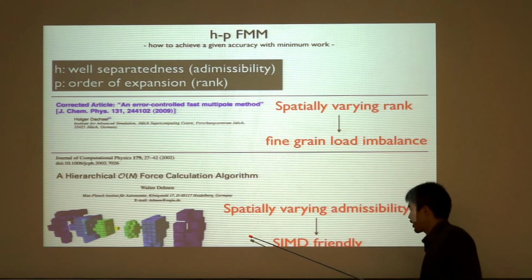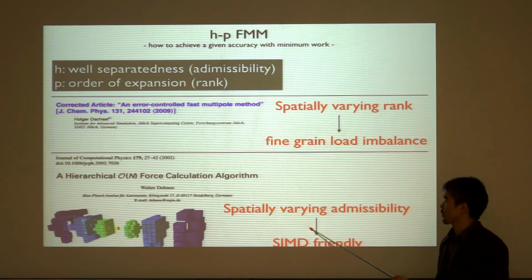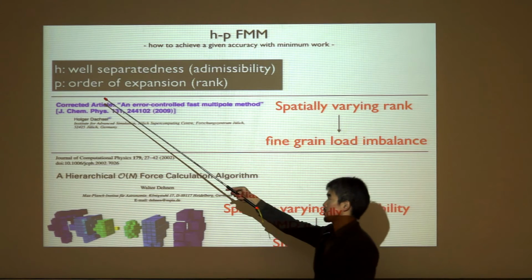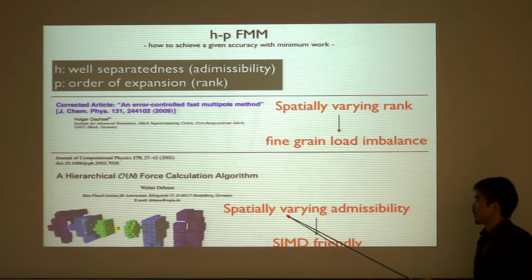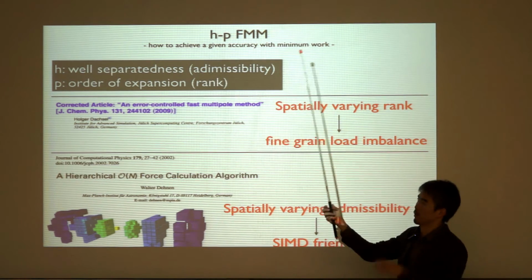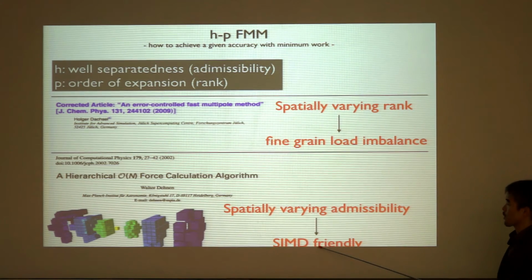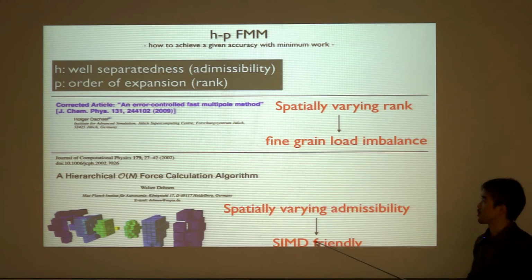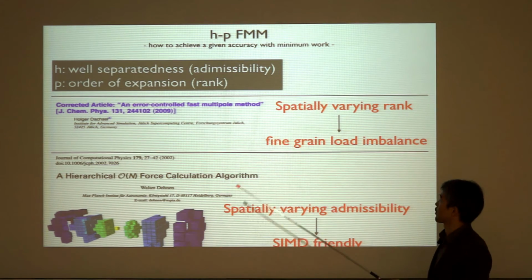So then you can have a very SIMD-friendly code. For example, you can set p to a constant of 32 and worry about the target accuracy by just spatially varying the spacing, the admissibility, or the size of the box, basically. So the size of the box you change, but everywhere you have very good GPU usage because the rank is set to 32 everywhere, for example.